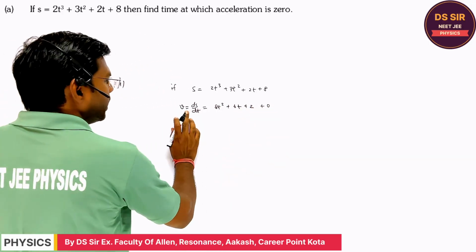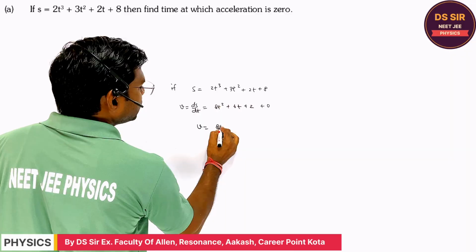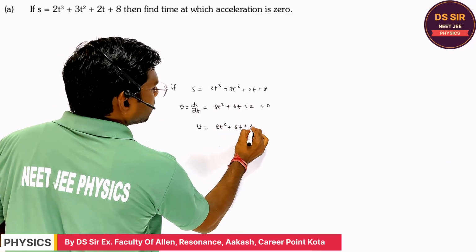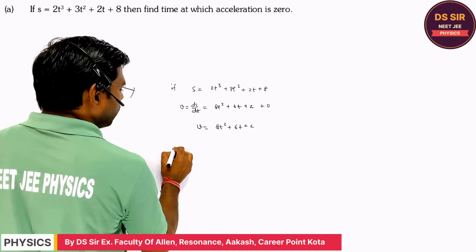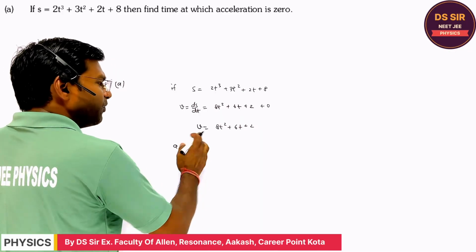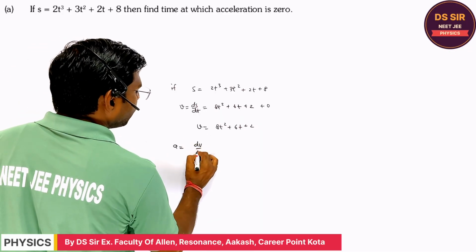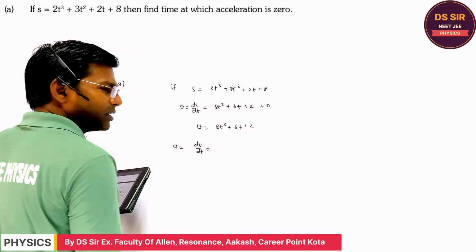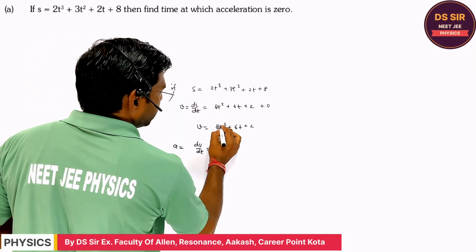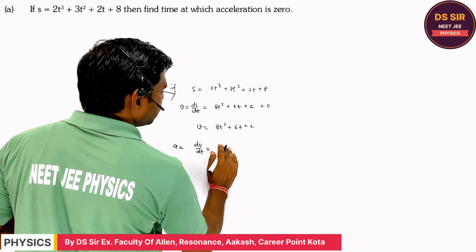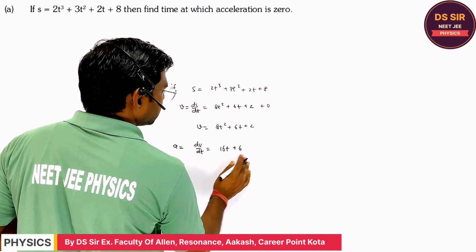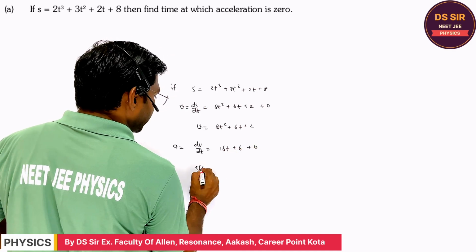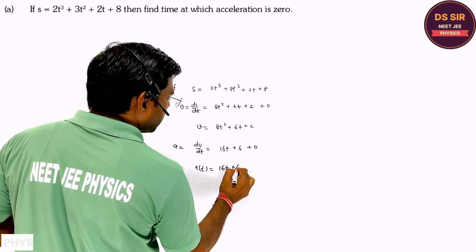I think you understand. If the velocity is known as a function of time t, then how to find the acceleration? You again differentiate the velocity with respect to time, and you will get the acceleration. So this is 12t plus 6 plus 0. So this is the acceleration with time t.